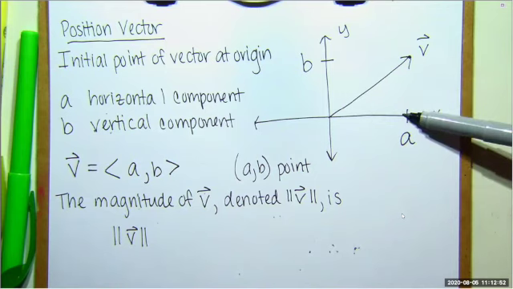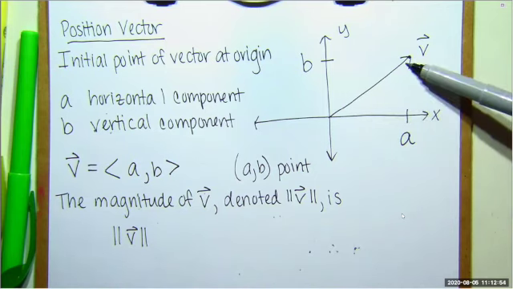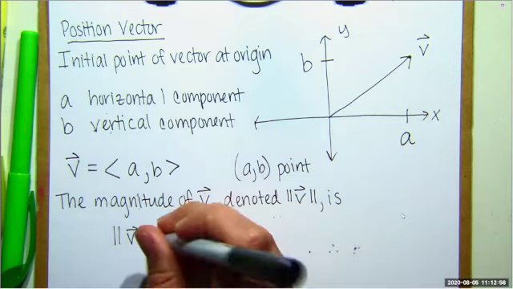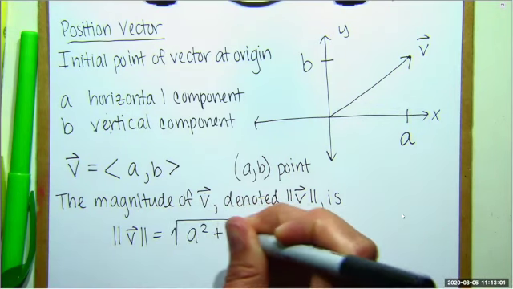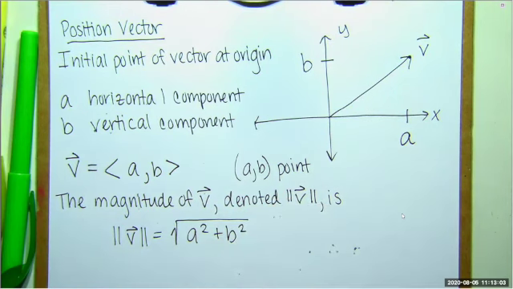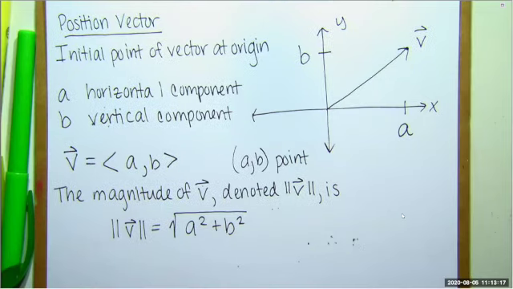If we were to draw it in, this side's A, this side's B, and this side would be our third side. So this is just going to be the square root of A squared plus B squared. Since we're talking about length, we're only taking the positive, the principal square root here. So that's nothing new, that's just the Pythagorean theorem. Any questions so far?